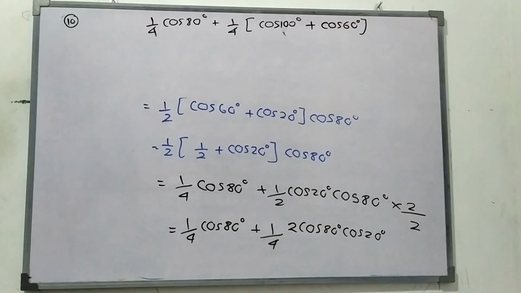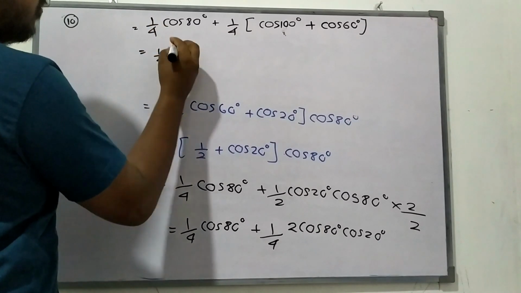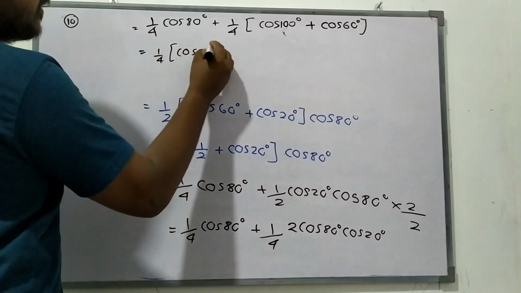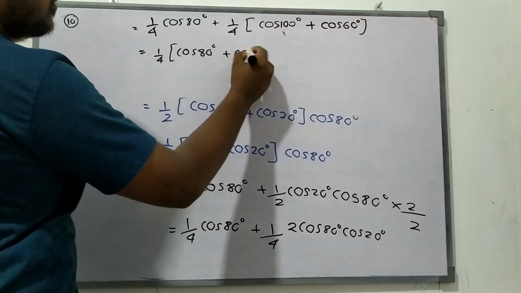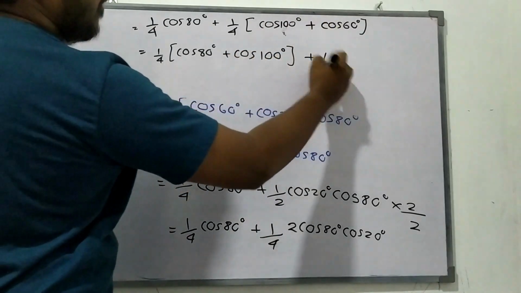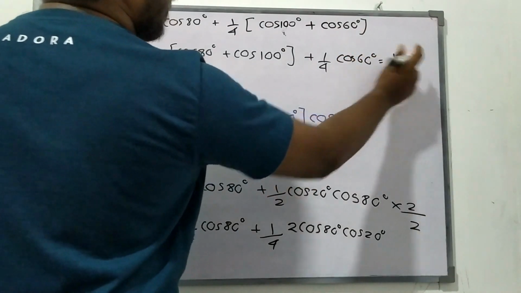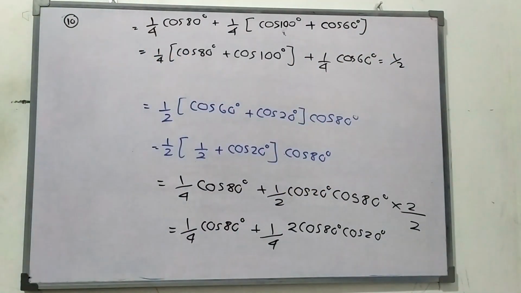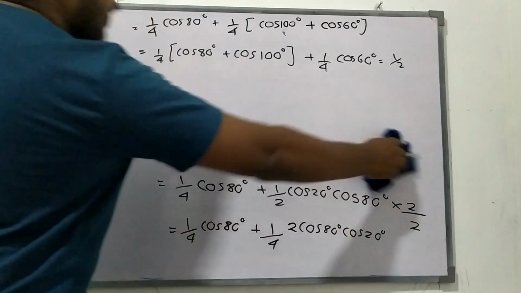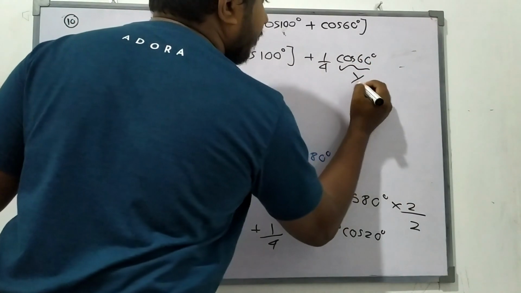Cos 60 is half, right? Then 1 by 4 taken out, cos 80 and cos 100. What about half? 1 over 4 cos 60, right? So cos 60 means half, no, it's 1 over 8. It's 1 over 8. This is half.